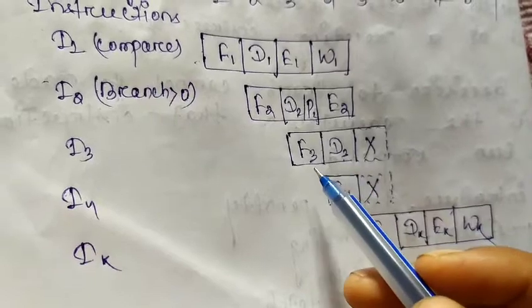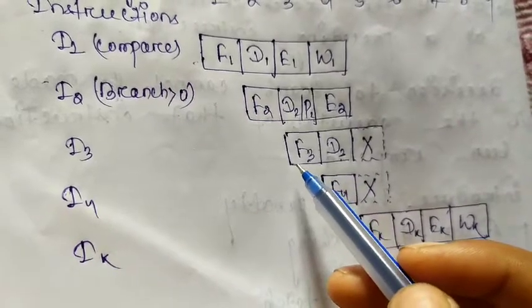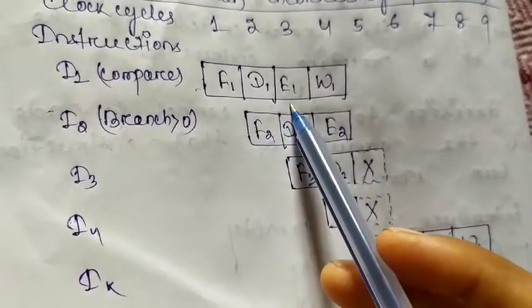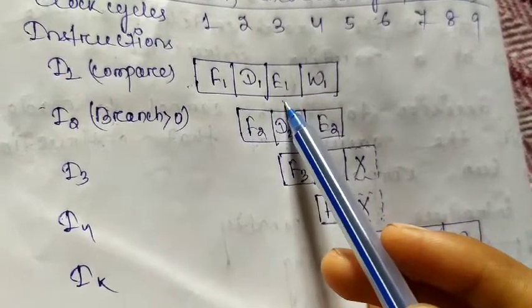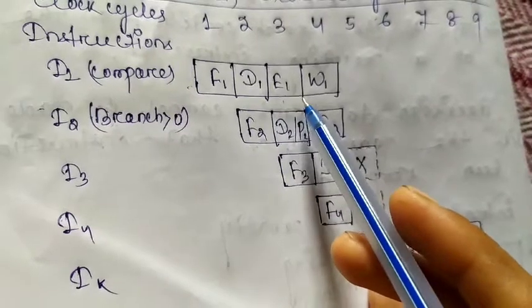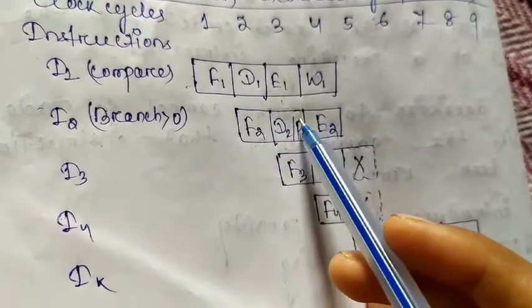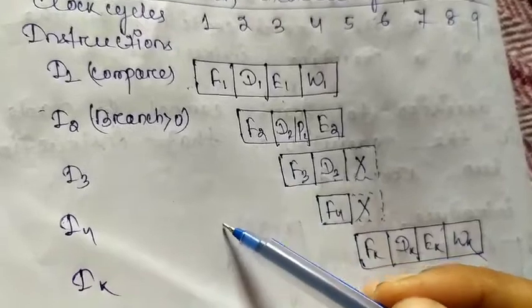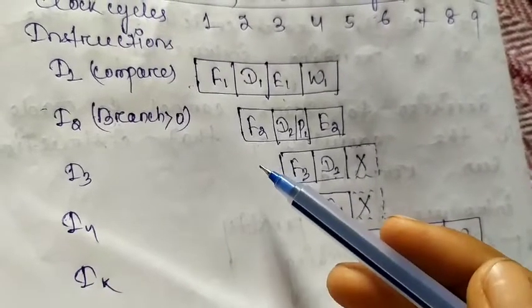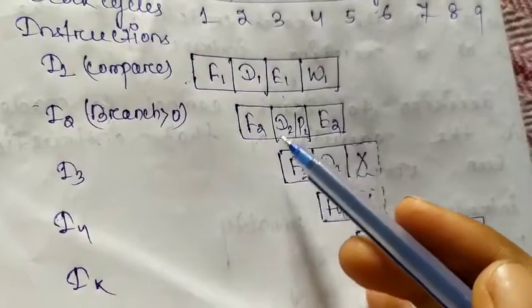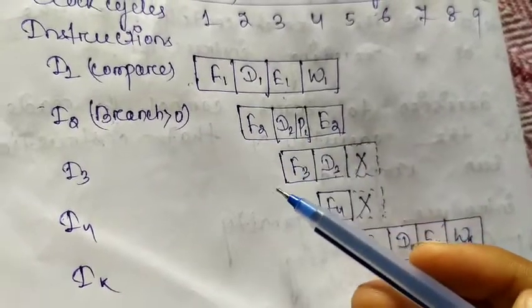The result of the compare operation is available at the end of cycle 3. Assuming it is forwarded immediately to the fetch unit, the comparison is done and the branch has to be taken, and then you don't fetch any other instructions.